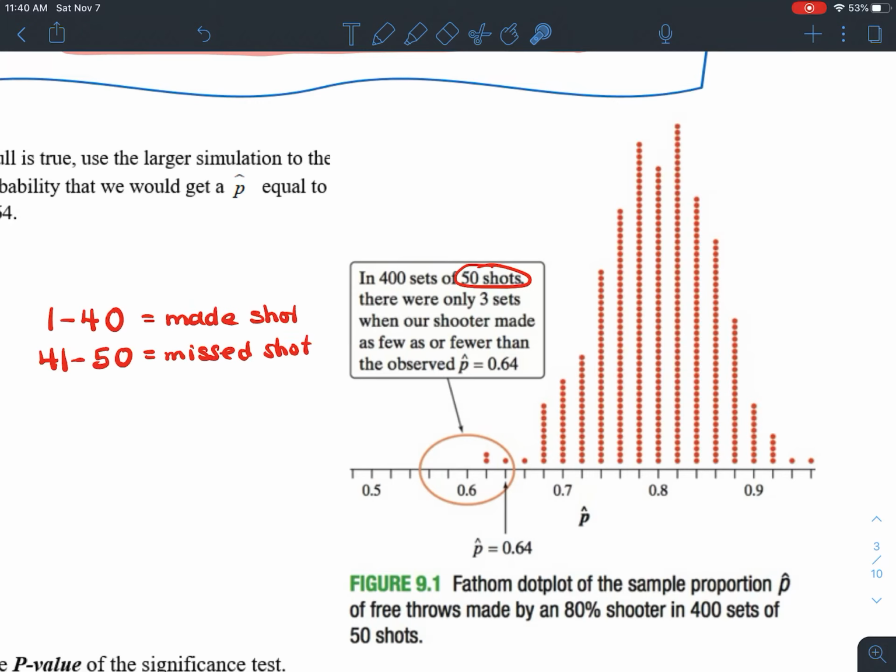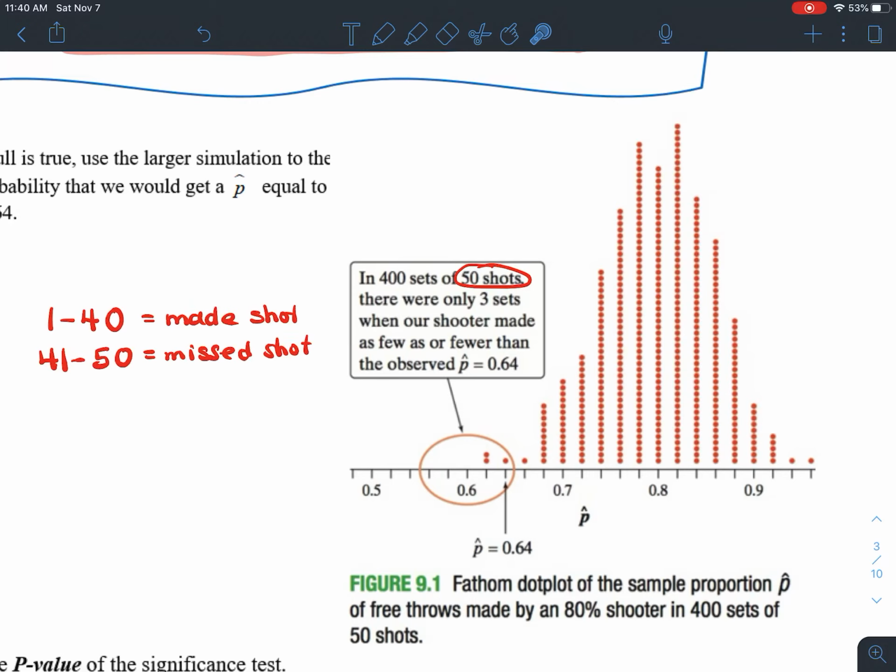So what we would do is generate 50 numbers between 1 and 50, count up how many of the numbers were 1 through 40, and out of 50, we would put a dot on the dot plot here for the proportion of made shots. It says here that they did this 400 times, creating 50 shots, 50 shots, 50 shots. These are the sample proportions of made free throws.